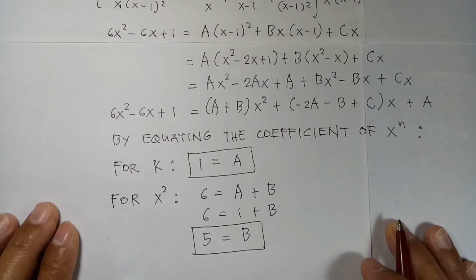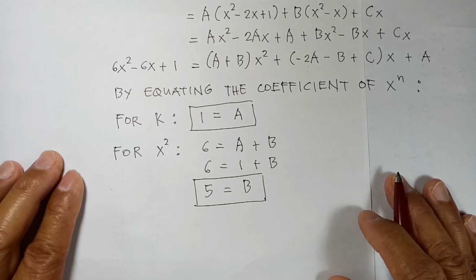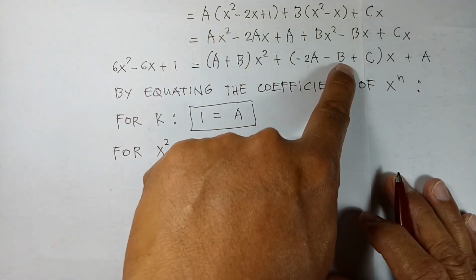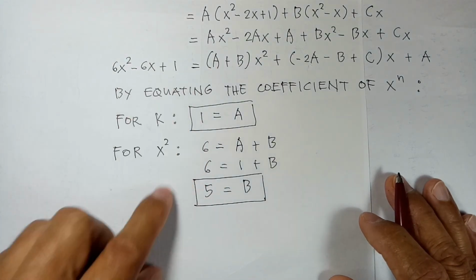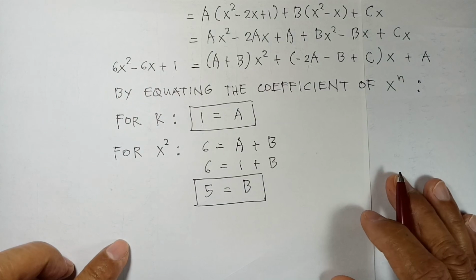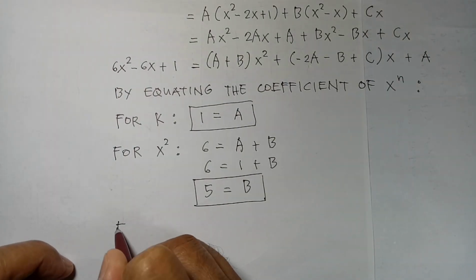Okay? So to solve for c, we are going to use the coefficients of x. So at the left side we have negative 6. So this is for x.